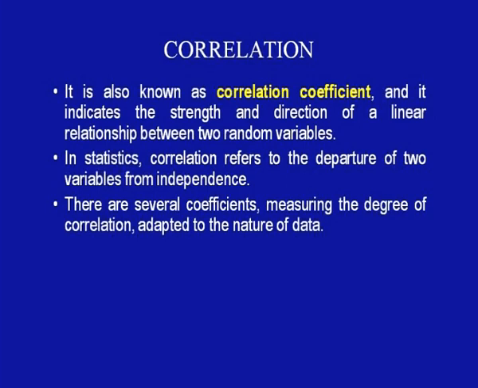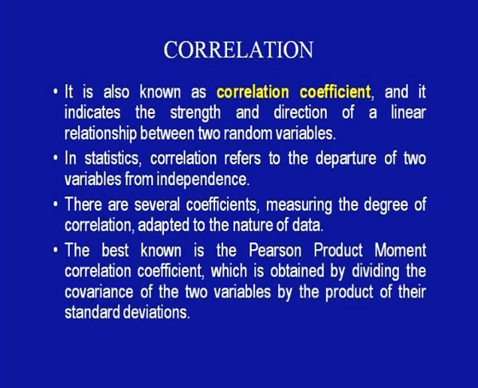There are several coefficients measuring the degree of correlation adapted to the nature of data. The best known is the Pearson product moment correlation coefficient, which is obtained by dividing the covariance of the two variables by the product of their standard deviations.